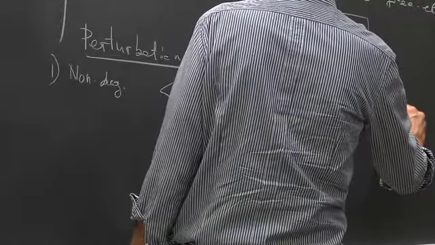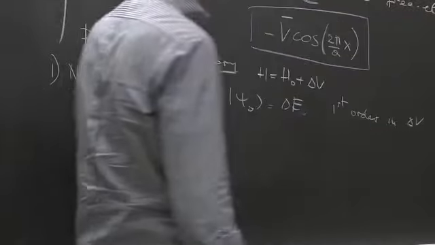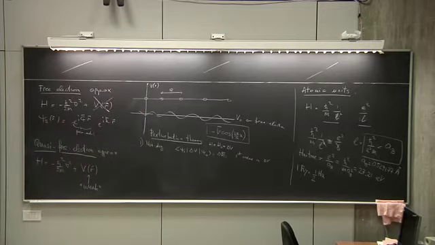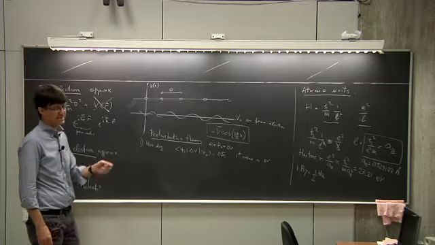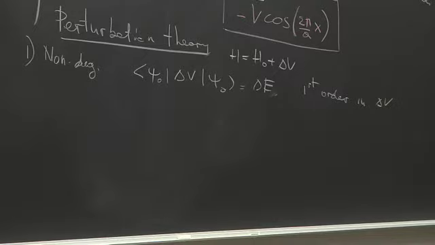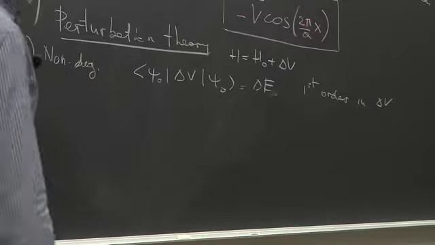Well, to first order in delta V. I can go to second order in delta V, and I have to then construct my corrections by summing over all the states. You remember delta V squared divided by the difference between the unperturbed eigenvalues and so on. So that's perturbation theory, non-degenerate states.